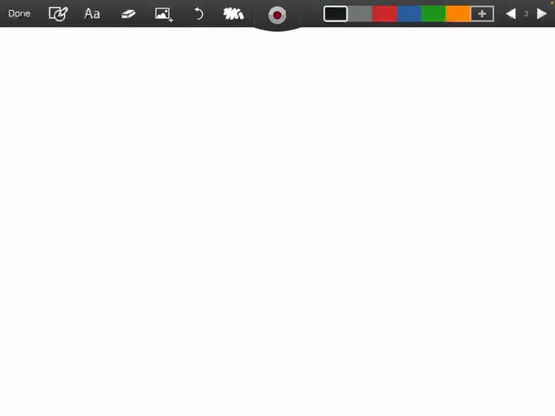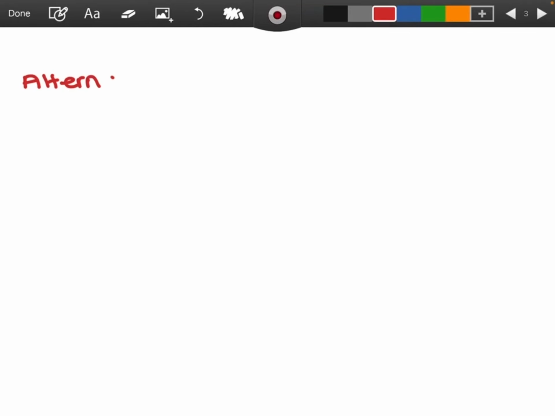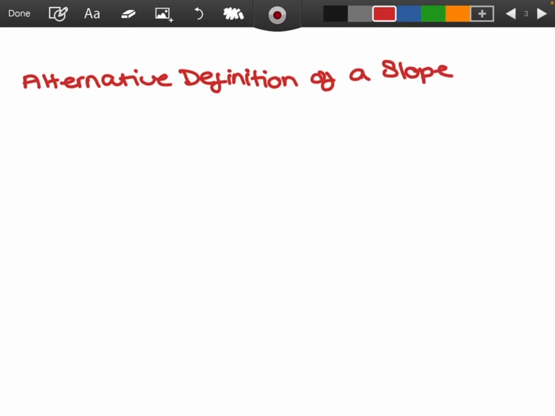That is actually something called the alternative definition of a slope. It's just a different way to find the slope given some different information. So, alternative definition of a slope. Instead of being given the equation of the line and finding the slope, this time we are going to be given 2 points on the line.